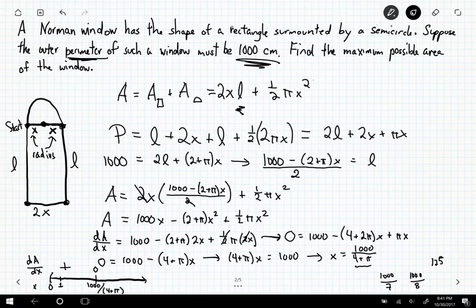Just to make sure. We could do 125, but at the end of the day, that should do the trick. So let's pick the number 1,000, for example, because that's somewhere over in this interval. So if we go 1,000 minus 4 plus pi times the quantity, that whole quantity times 1,000. Notice that has minus 4,000 right out the gate. 1,000 minus 4,000, that's going to be a negative number. So that is a negative number.